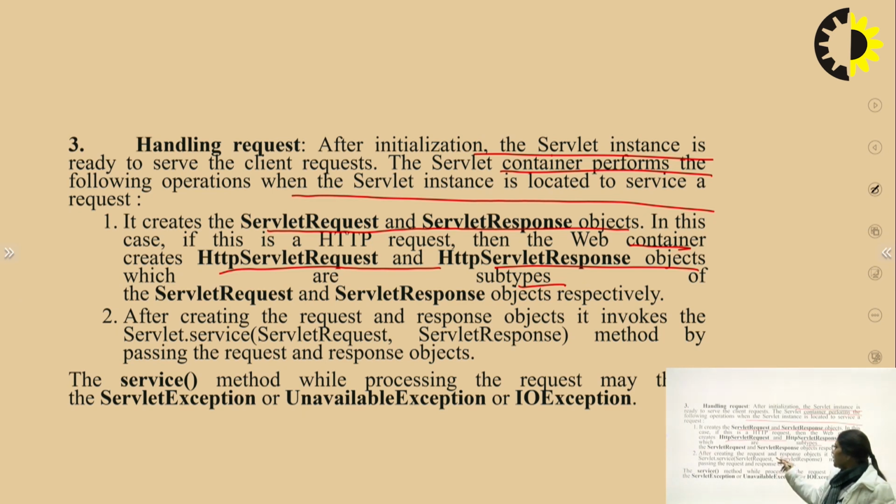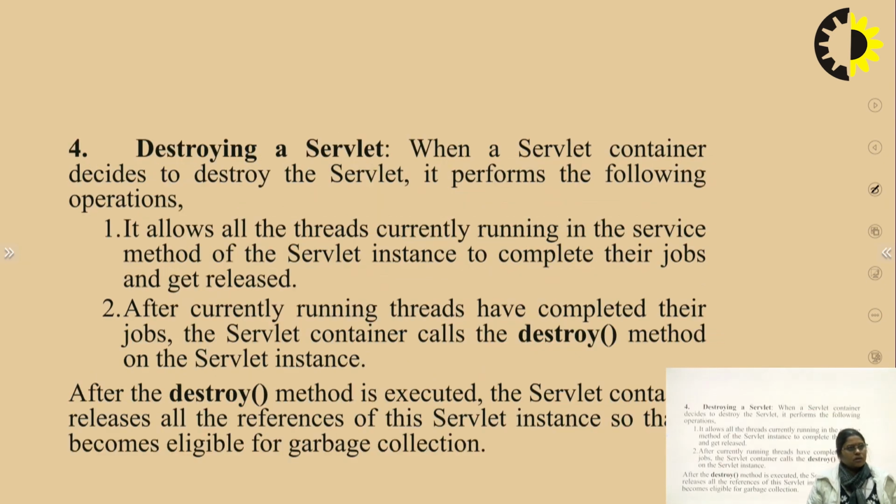After creating the request and response objects, it will invoke the service method, that is servlet.service(servletRequest, servletResponse), by passing the request and response objects. While processing the request, this service method uses throws exception, so if any error occurs, it is handled that way.